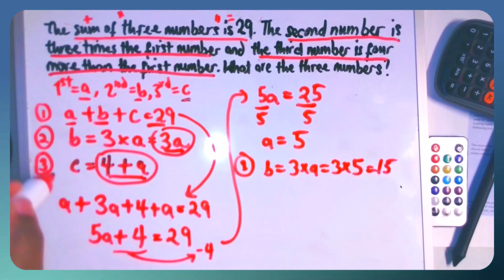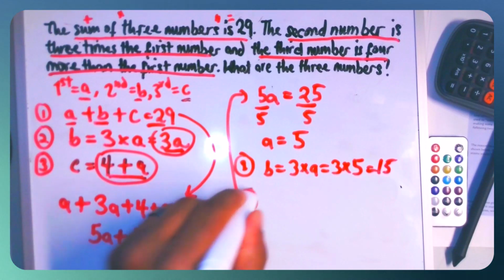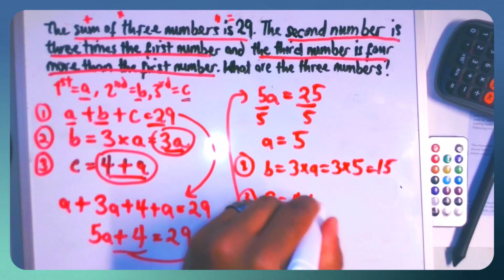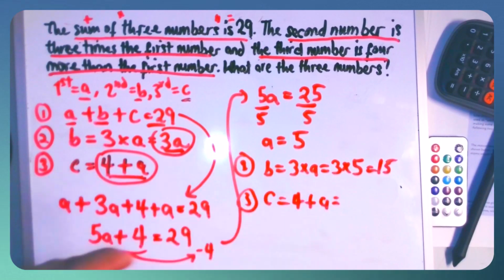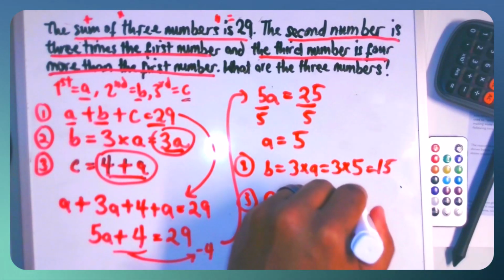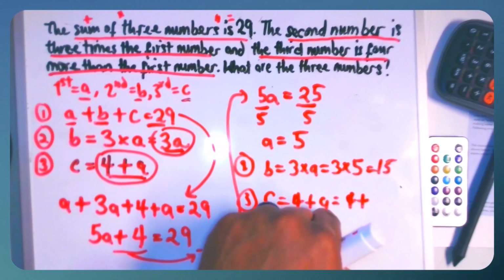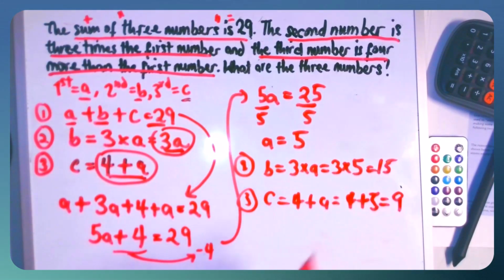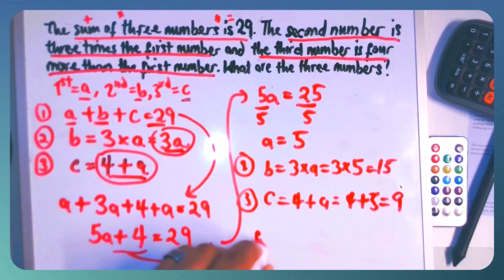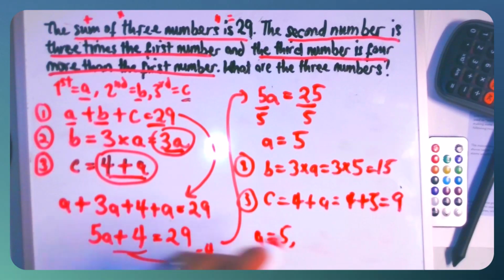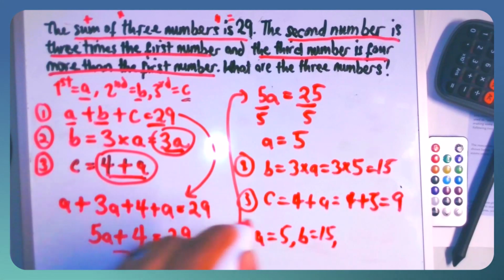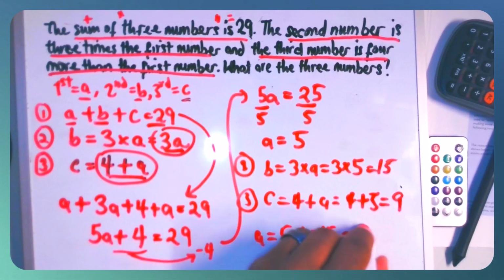And finally, for equation 3, we know that C is equal to 4 plus A, and since 4 is going to be plus our A, which is 5, we have our answer to be 9. Therefore, we know our first number A to be equal to 5, our B to be equal to 15, and our C to be equal to 9.